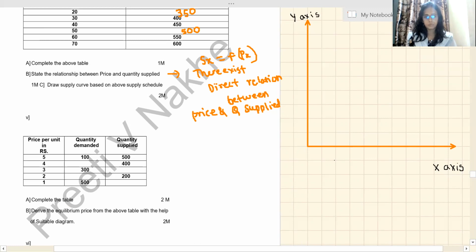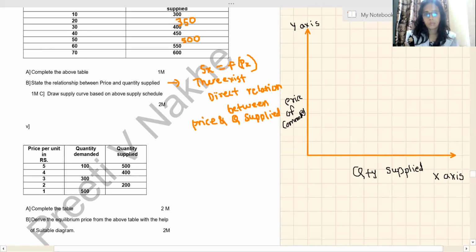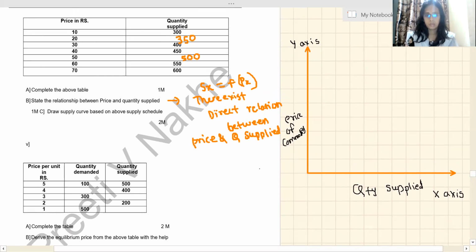Quantity supplied, we will show it on the x-axis, and here the y-axis shows the price of a commodity. Okay, now see, figures are in rupees. So price of a commodity, write down in rupees.